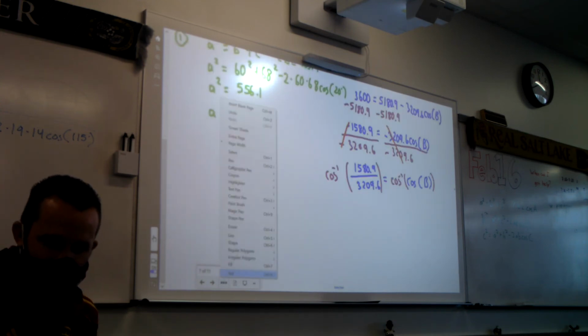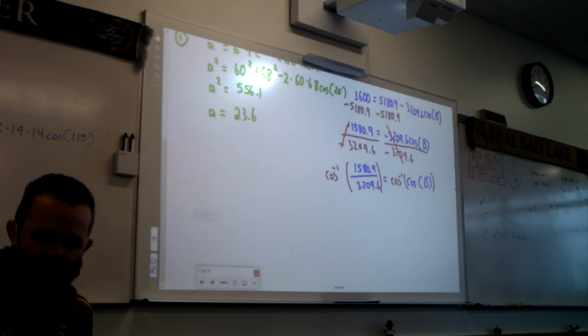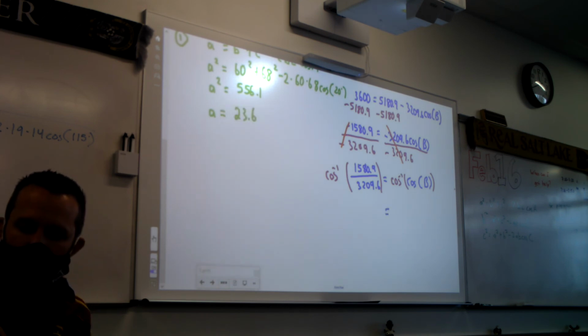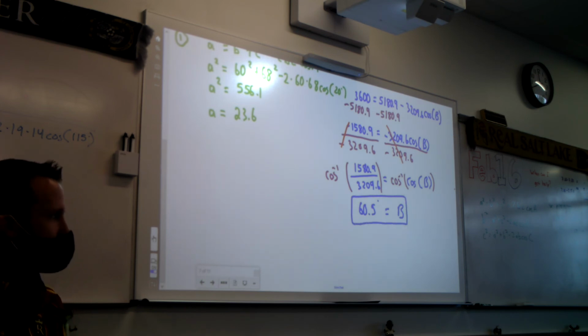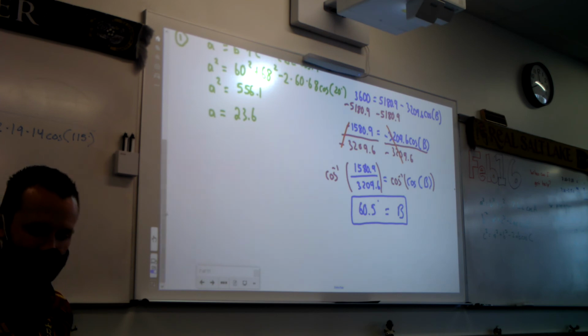Alright, when someone gets it, shout it out and let's see if we all get the same thing. 60.5. And that would be 60.5 what? Degrees, because it's an angle. Is there anyone out there who can confirm 60.5? Ruby's got it. Awesome, Louise too.